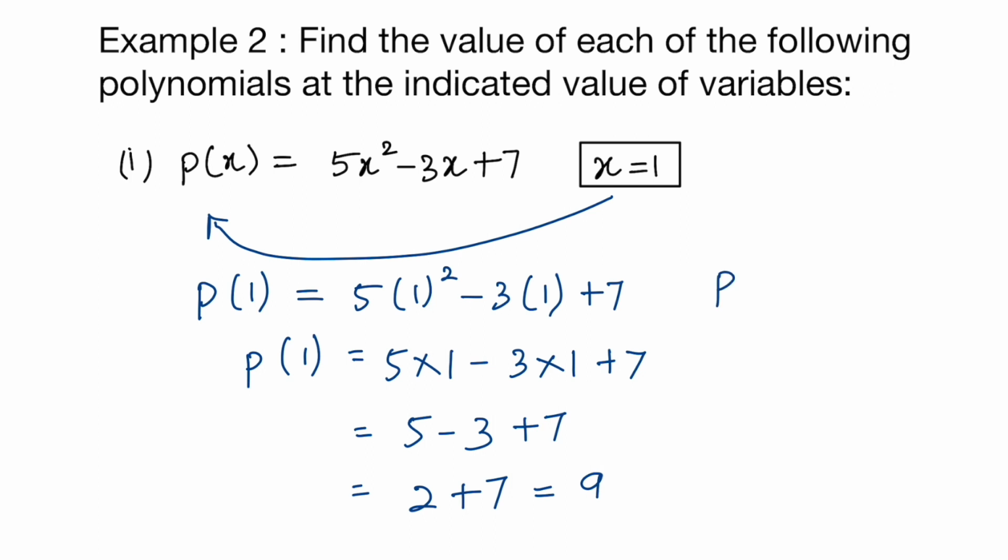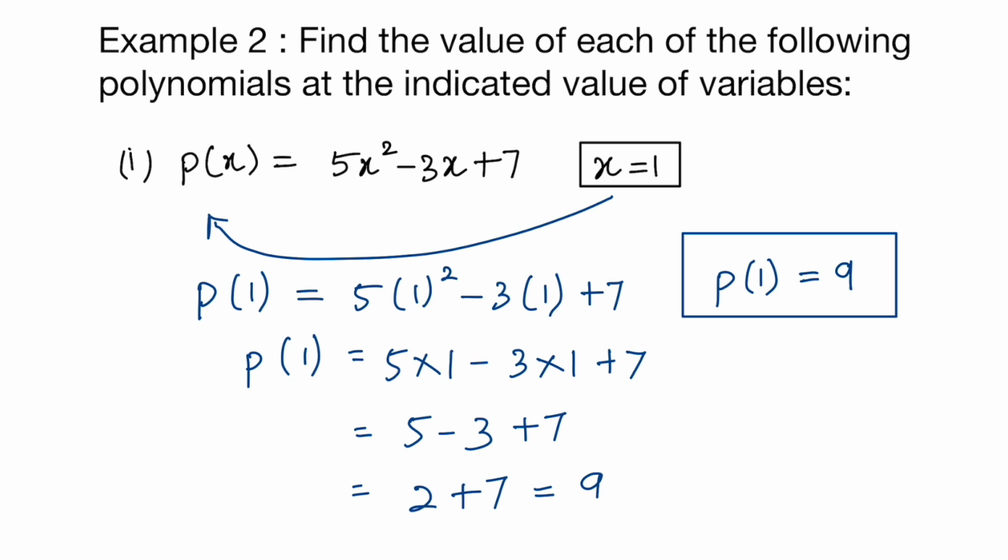So the value of p of 1 is equal to 9 for this particular polynomial. For this polynomial at x equals 1, the expression's value is 9. So when we use x equal to 1 in 5x squared minus 3x plus 7, you get p of 1 equals 9. That is it for this subdivision.